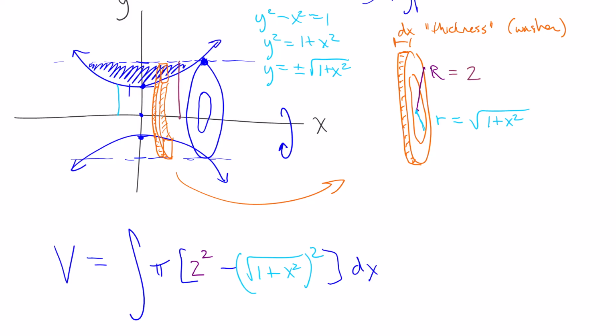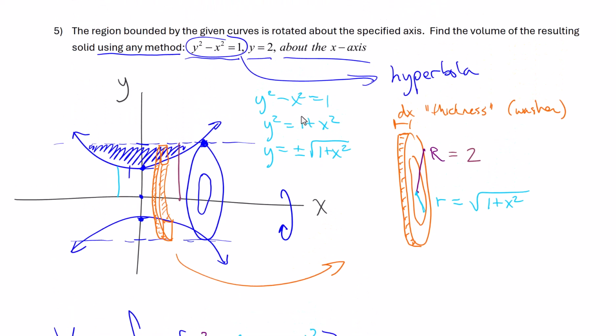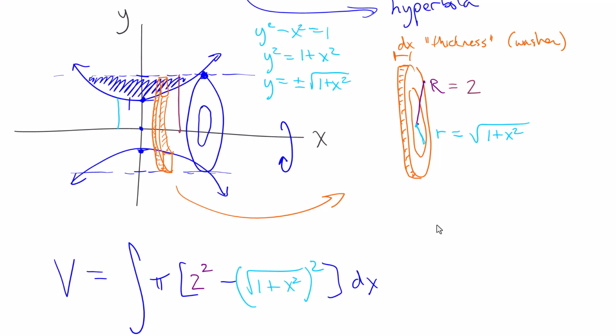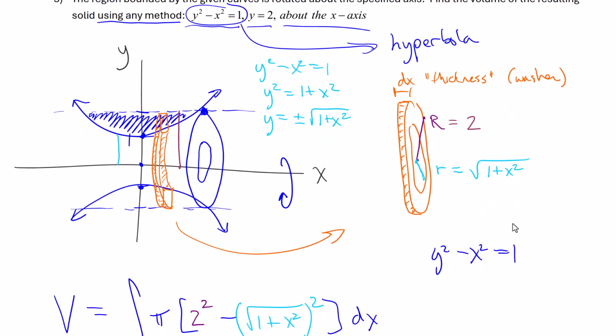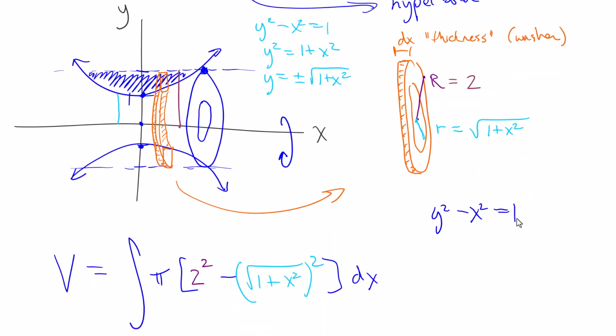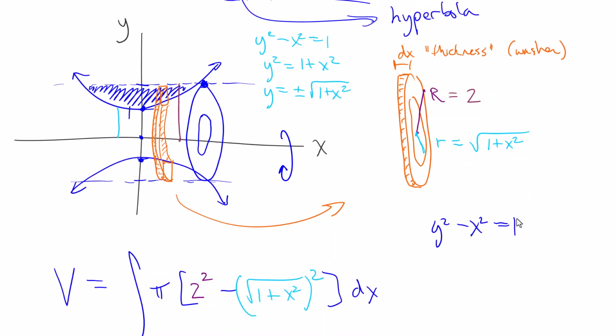If you just go back and take the original equation of that hyperbola, that was y squared minus x squared equals 1. And we want to know, what if y is 2, which, by the way, is where the horizontal line cutoff is, bounding our region, right? So what if y is 2?